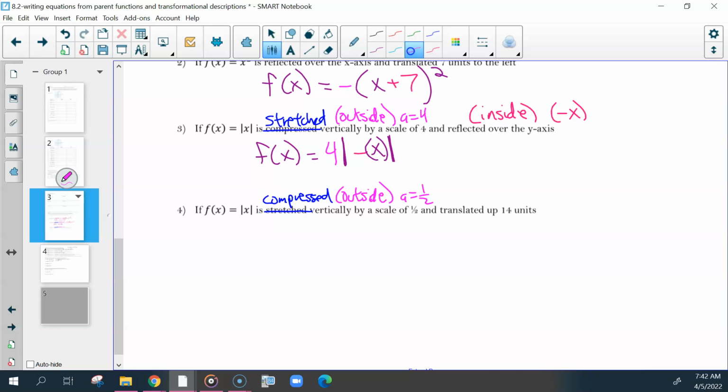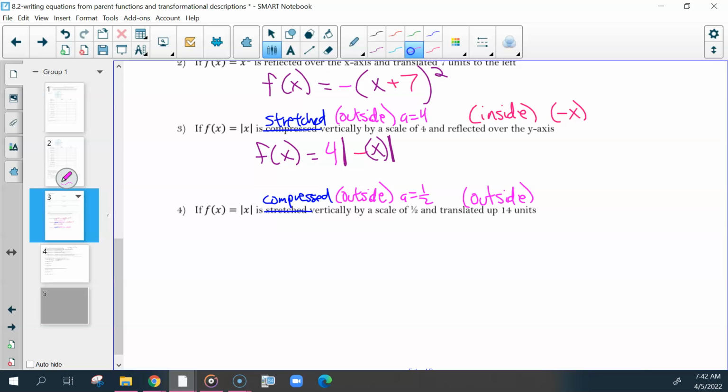Is that inside or outside? Outside, because it's vertical. Right, up 14 units. It's going to be vertical.